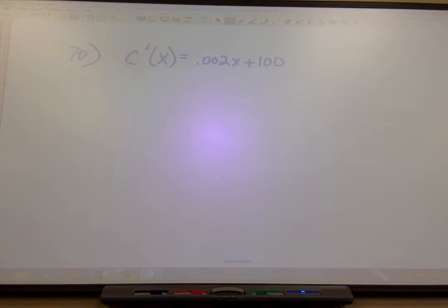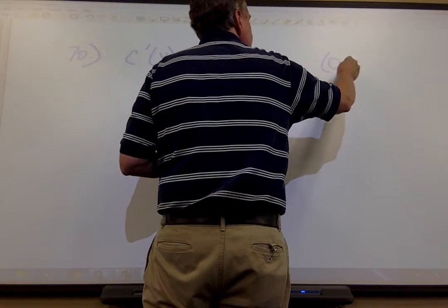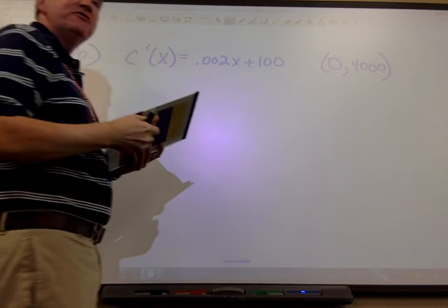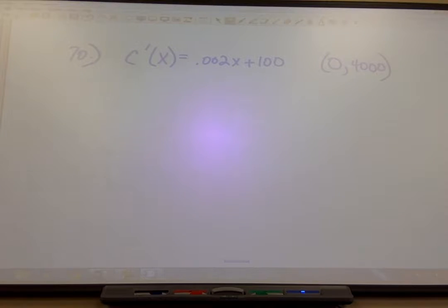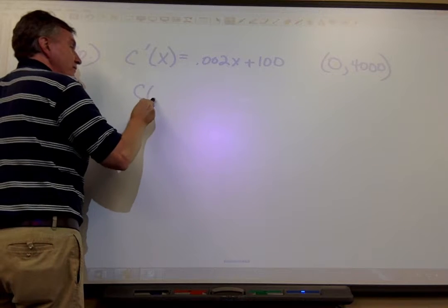They say that the fixed costs are $4,000 a month. Well, doesn't that mean if they sell 0 guitars, it still costs $4,000? There's your initial value, isn't it? The fixed cost would be $4,000. Okay. What's C?